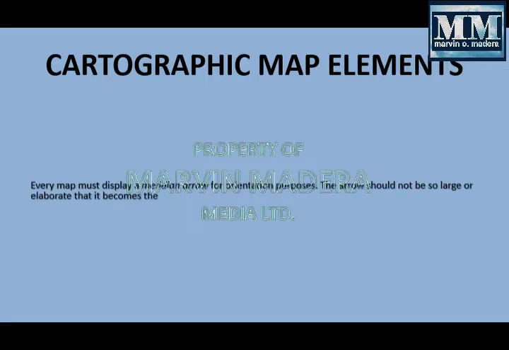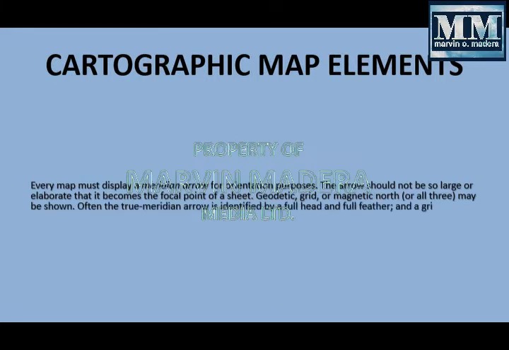Every map must display a meridian arrow for orientation purposes. The arrow should not be so large or so elaborate that it becomes the focal point of the sheet. Geodetic grid or magnetic north may be shown. Often, the true meridian arrow is identified by a full head and a full feather, and a grid and/or magnetic arrow by a half head and half feather.